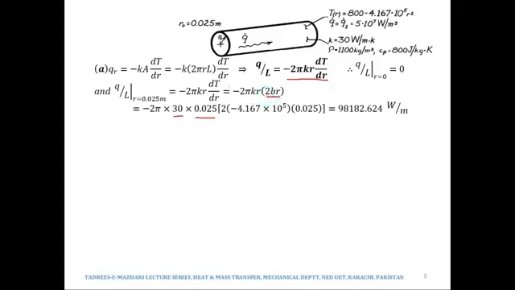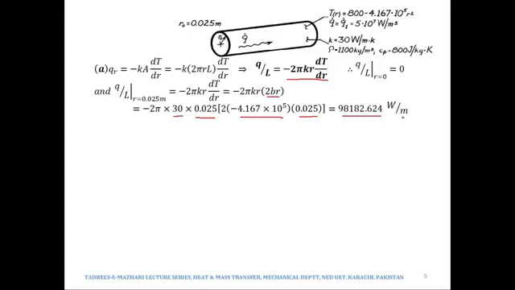We are given the value of b, and r is 0.025 meters. So we get 98,182 watts per meter as the heat transfer per unit length of the fuel rod.